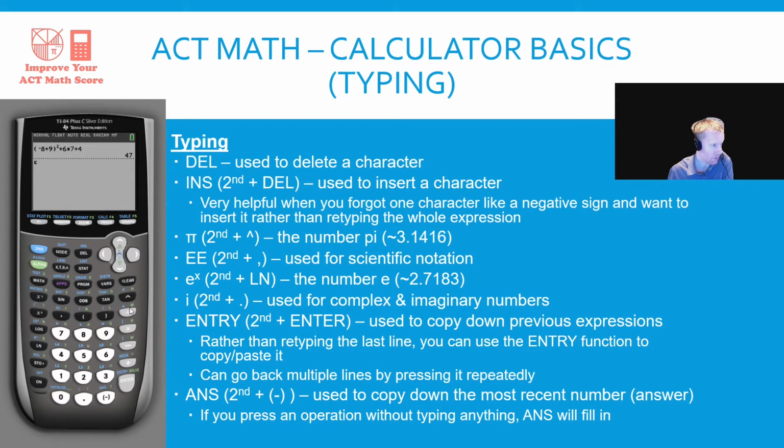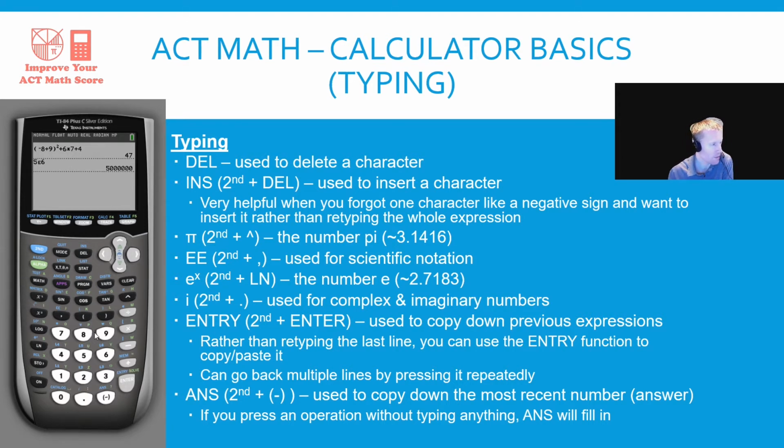For example, and we'll go into this in more depth in the main calculator operation section, if you wanted to type 5 times 10 to the 6th, we would do 5, then the EE function, and 6. That's the same as 5 times 10 to the 6th, and if you hit enter, it gives it in standard notation because that's the mode my calculator is currently set up in.